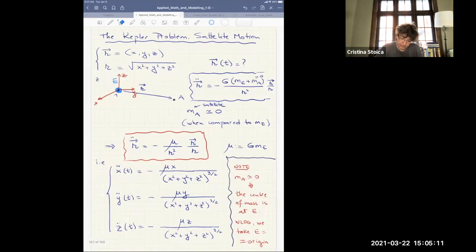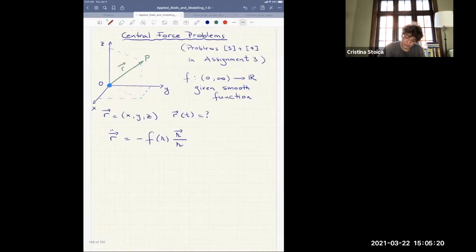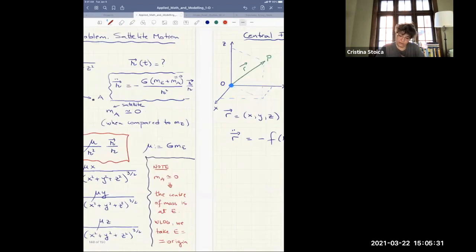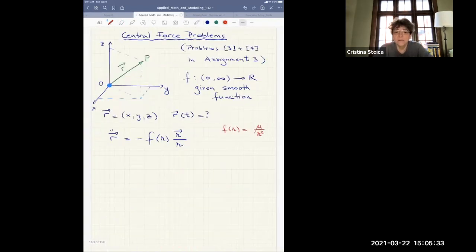If you look at this one here, it is a particular case of this problem. So f of r, on the other page, was mu over r squared. That one is a particular case of this one.